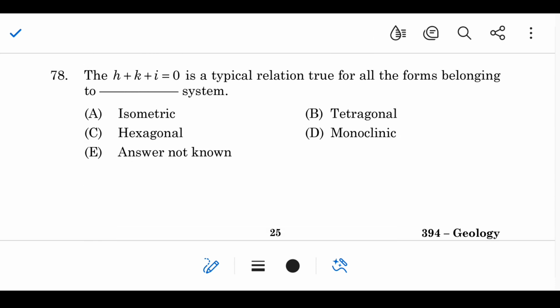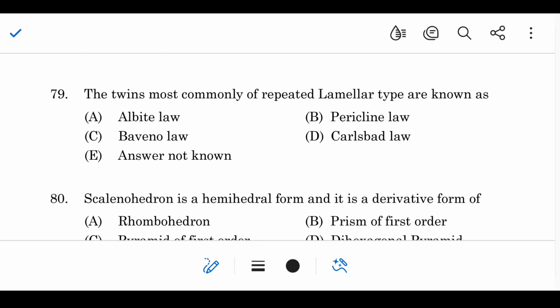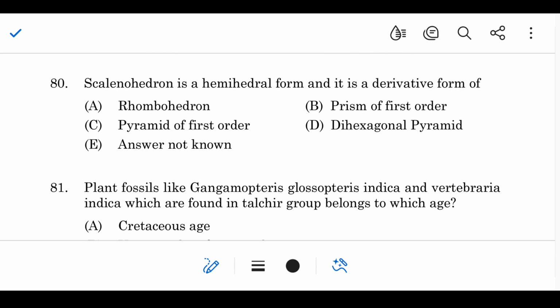The relation H plus K plus I equals 0 is typically true for all forms belonging to the hexagonal system. Next, the twin most commonly of repeated lamellar type is known as Albite law. Scalenohedron is a hemihedral form and it is a derivative form of the ditrigonal pyramid.